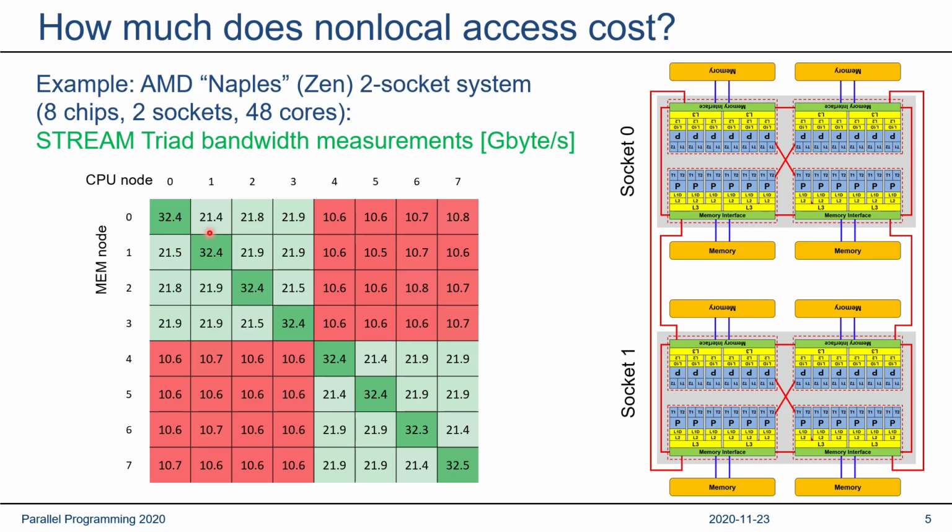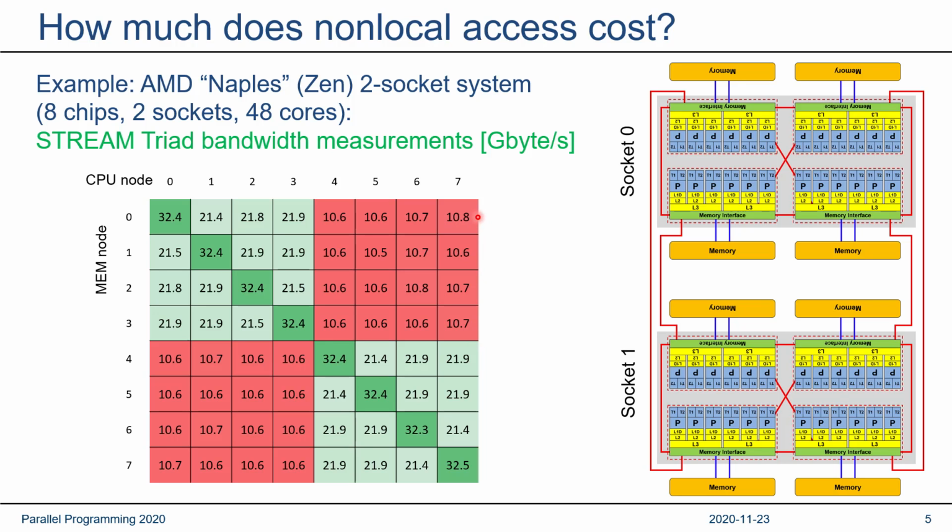The second topology layer in the system is the socket-to-socket layer. So if one program is running on one socket, but the memory is put on the distant socket, this means we have to use the inter-socket network. And obviously, as seen from these measurements, this network is not able to compete in any way with the intra-socket network.